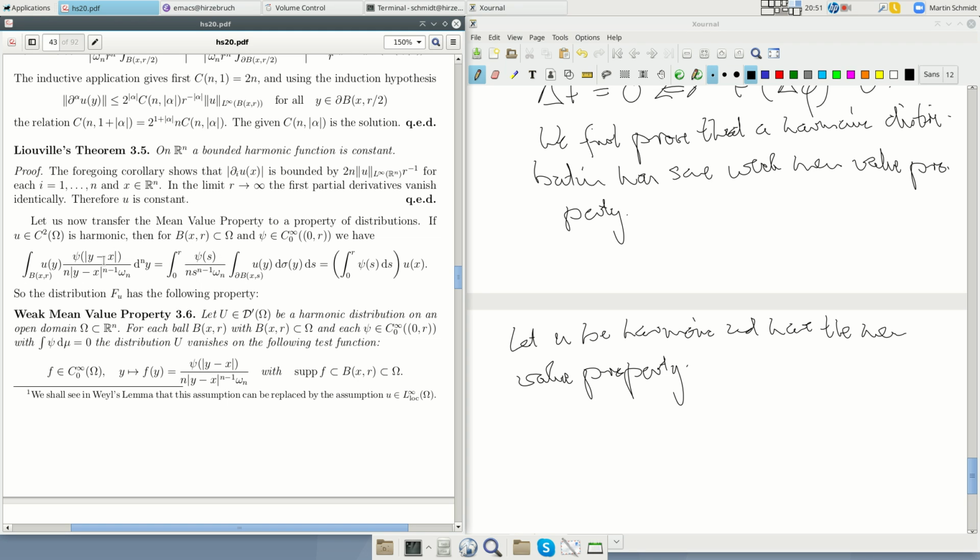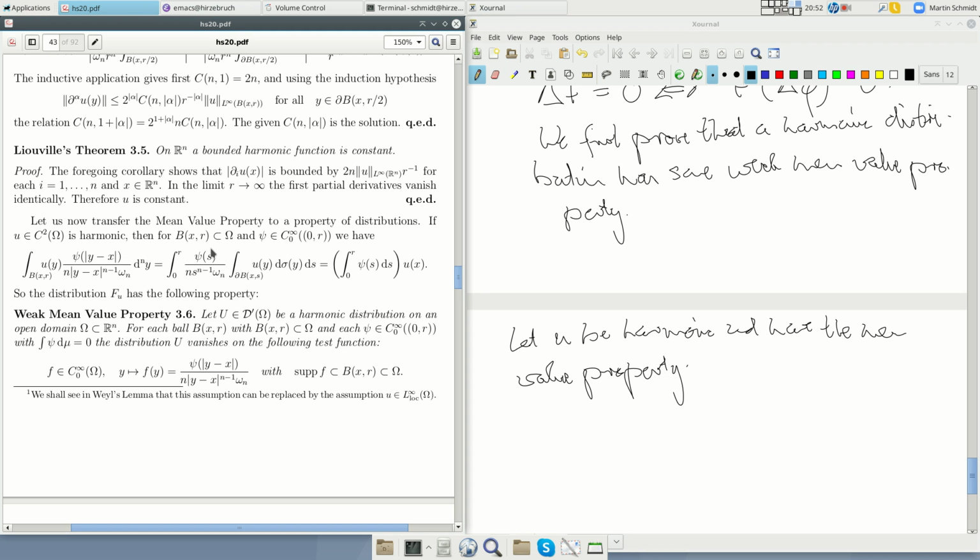This y minus x is on the boundary of the ball constant equal to s, so we can put this out of the integral and write this as s. Okay, and then it remains this integral.